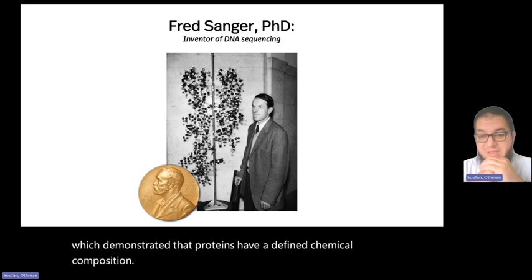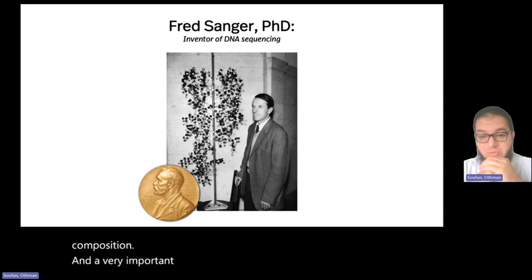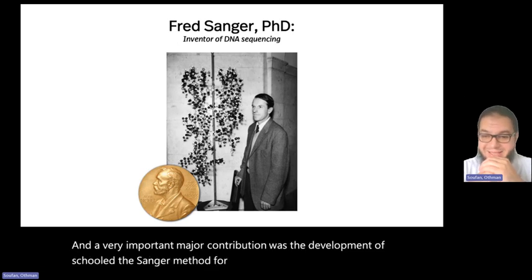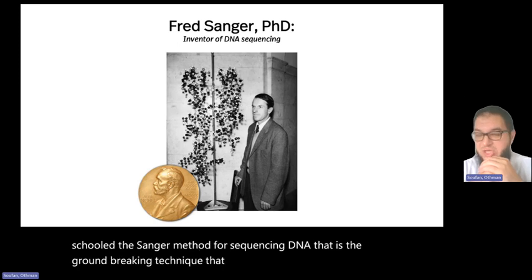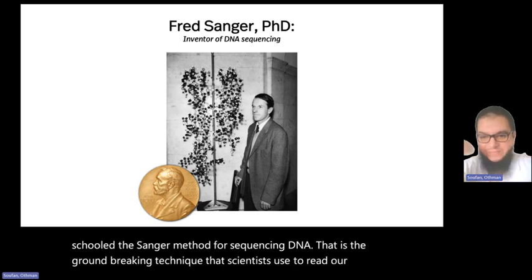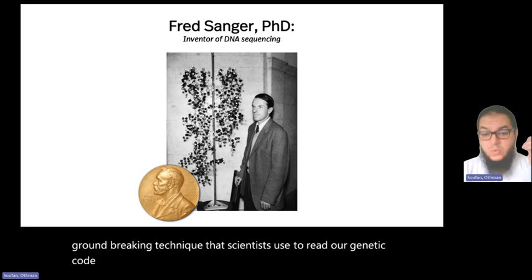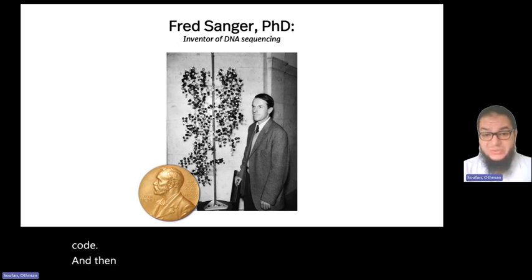Another very important contribution was the development of the Sanger method for sequencing DNA. That is the groundbreaking technique scientists use to read our genetic code, and it was instrumental for the Human Genome Project.